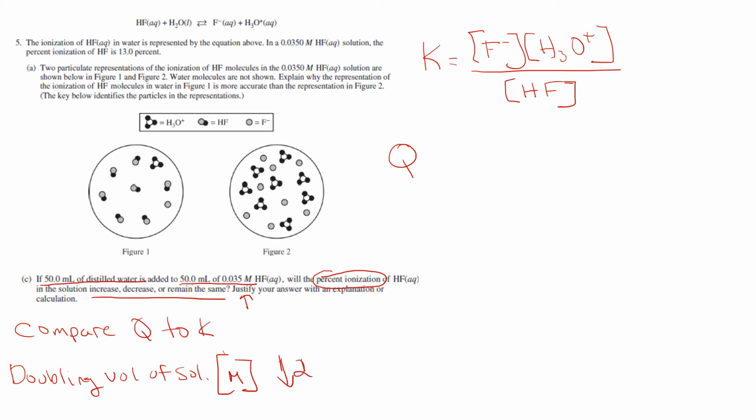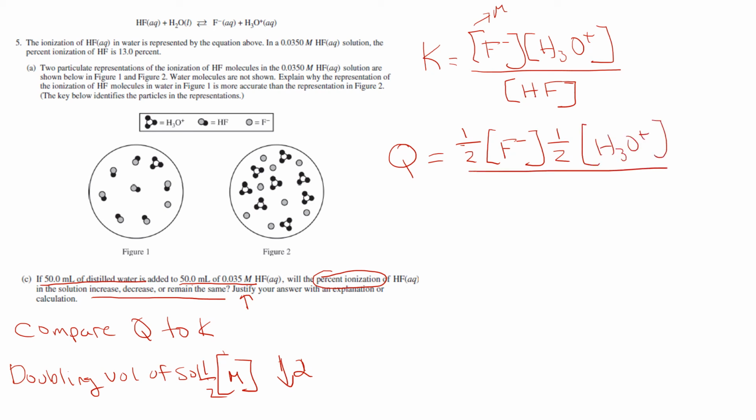So in other words, we're going to have half of our molarity. So if we look at our Q expression, remember these brackets all mean molarity or concentration. We're going to have half the original concentration of our fluoride ion. We're going to have half the concentration of our hydronium ion because everything's going down by a half. And we're going to have half the concentration of our weak acid.